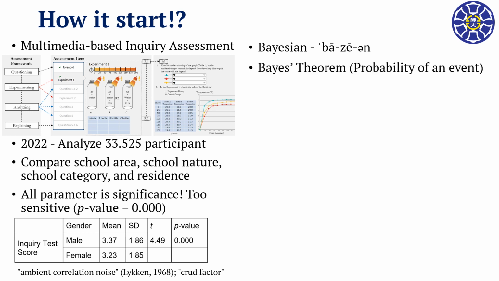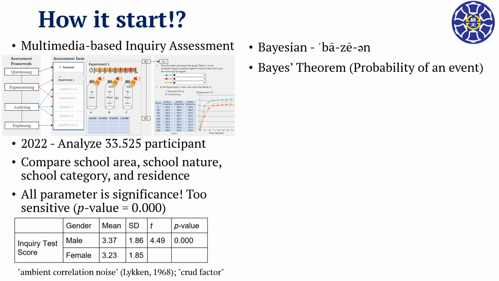Bayesian basically comes from Bayes' theorem. I didn't know about Bayesian before, but I learned Bayes' theorem in mathematical physics in my college. Basically it's only the probability of an event. For example, if there are 3 people among 10 people, the probability is 3 divided by 10.